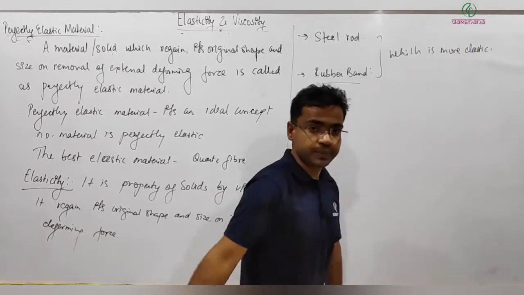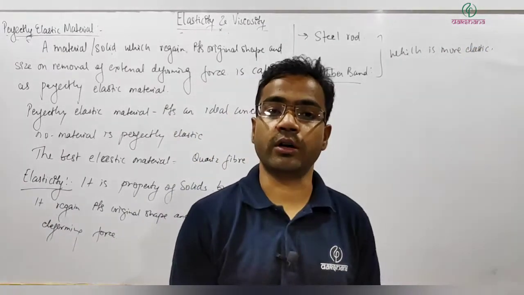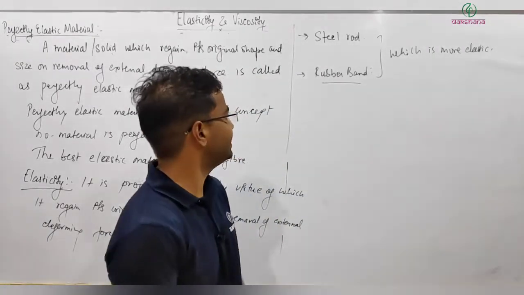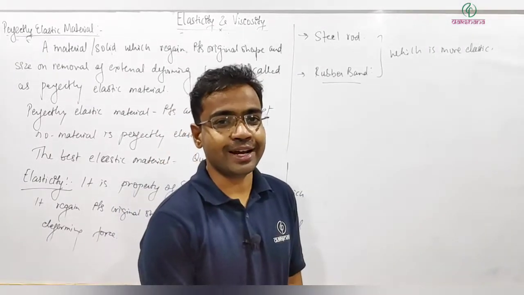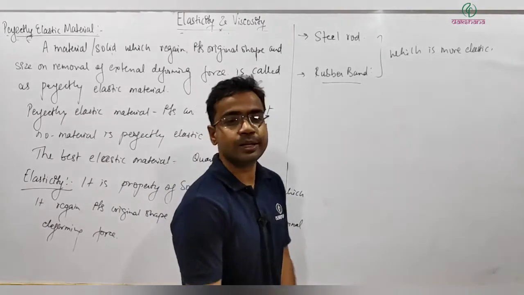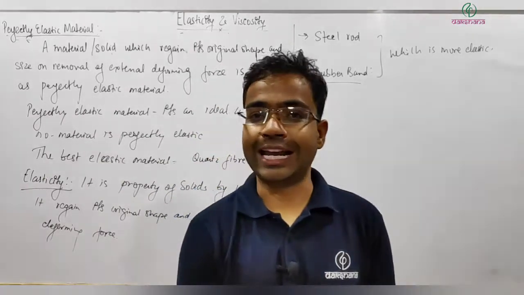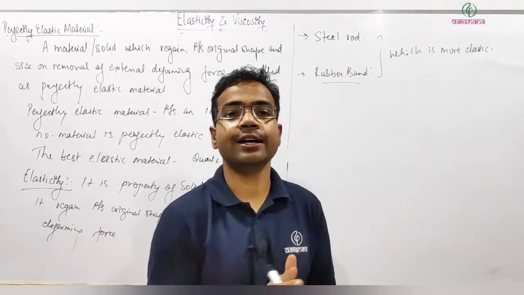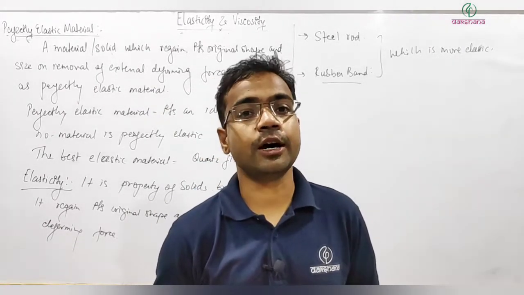Just think about it. I hope you might have already got your answer in your mind. There are quite high chances that you must be thinking that rubber is actually more elastic. And the point is that the answer is the opposite.